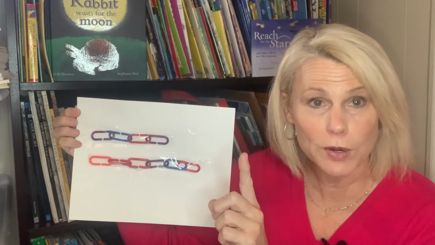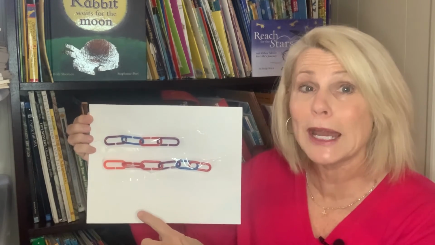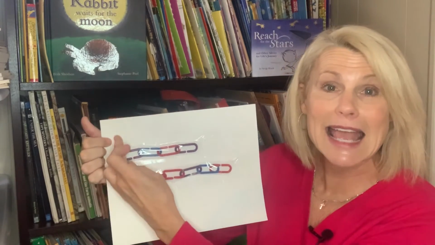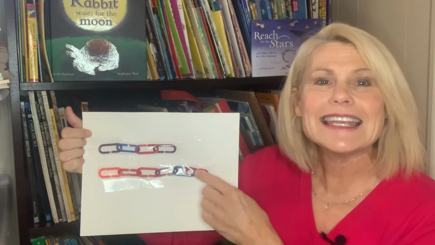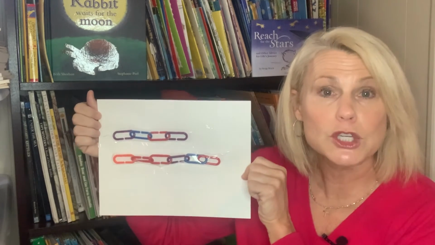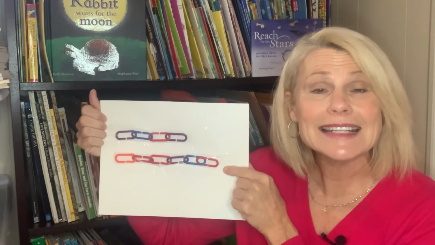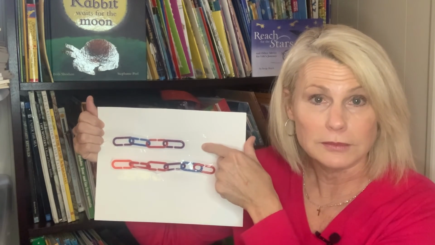Now, this is important. Listen, when they place them down to compare them, make sure you have the same beginning point so that they can easily see which is greater. In this one, 6 is greater than 4.